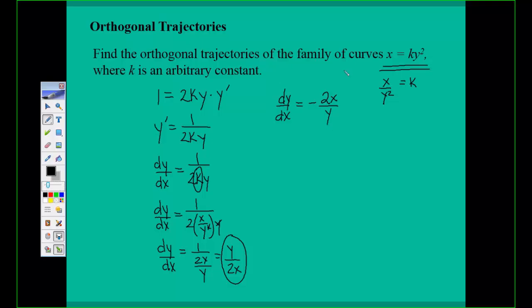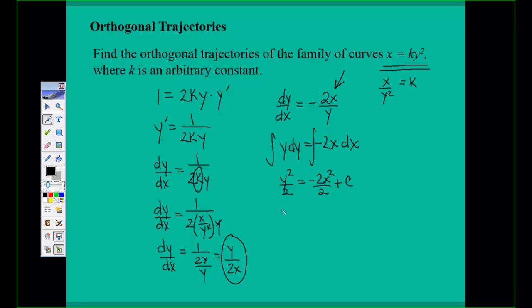This is just a separable differential equation. So let's separate our variables. We'd have y dy equals negative 2x dx. Take the antiderivative. y squared over 2 equals negative 2x squared over 2 plus our constant of integration.